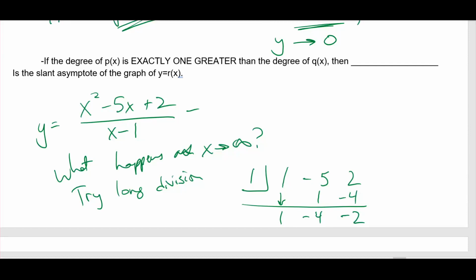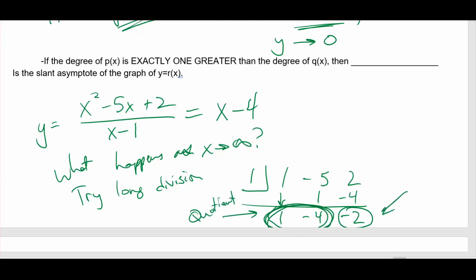So we can rewrite it as a quotient and a remainder, right? So our quotient piece is the 1 and negative 4, so our quotient is x minus 4. And then our remainder, right, this was our quotient, and this is our remainder.